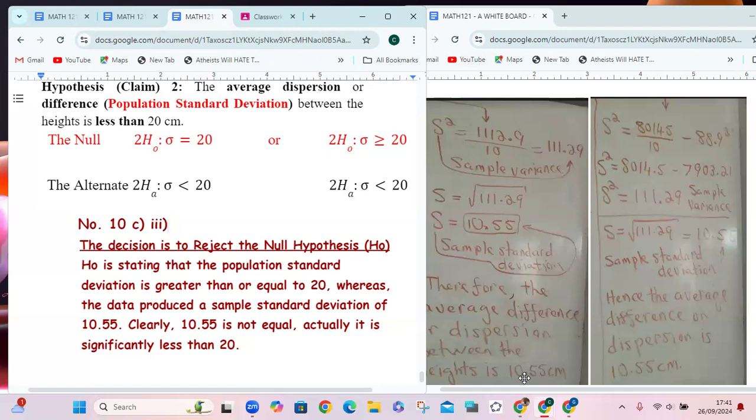You never know. And in that case, we will not be rejecting the null. So it's always good practice when concluding to begin with "based on the data," based on what the data said.